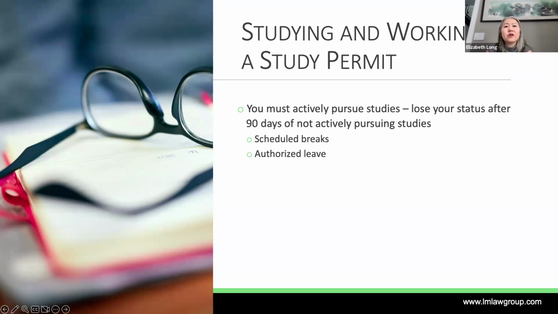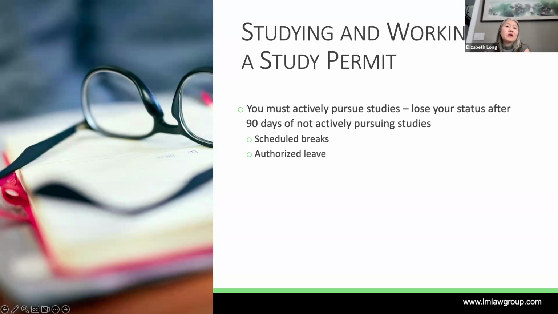Authorized leave is where you ask for a personal leave from the school. So you can have authorized leave for up to 150 days or otherwise 1 semester, where if you get permission from the school beforehand, you can take that time off, and that's still counted as actively pursuing your study so you don't lose your status.